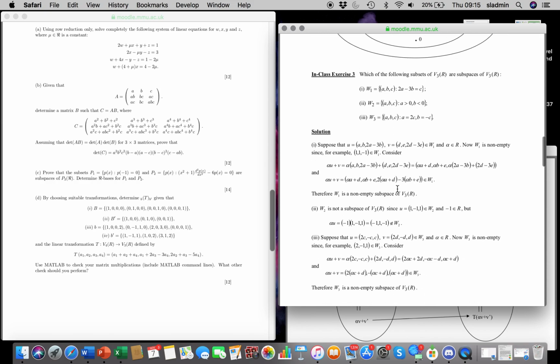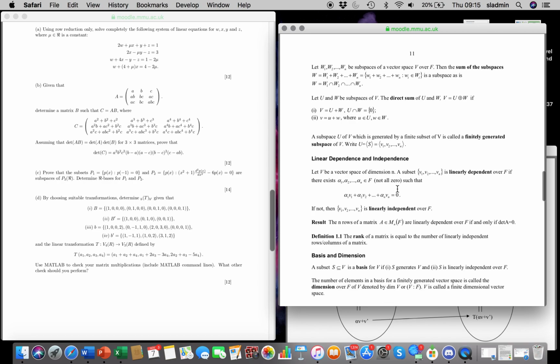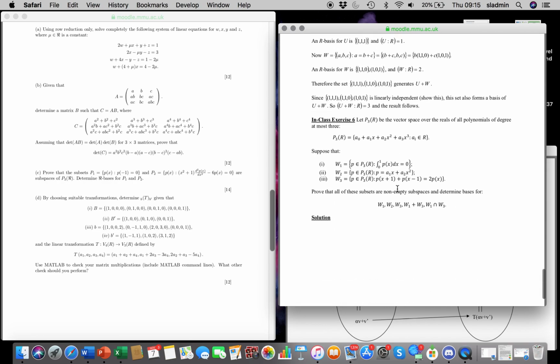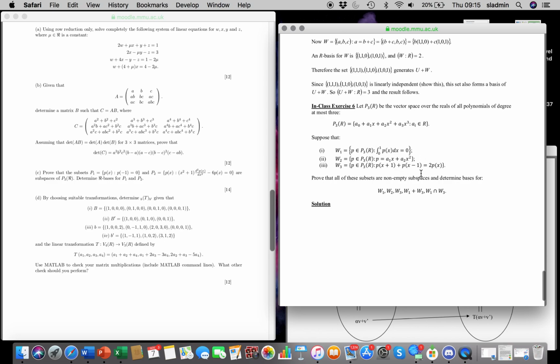Later on we also considered these sets, and again in class I did prove that these were all subspaces. So you need to look at the lecture notes for those examples.